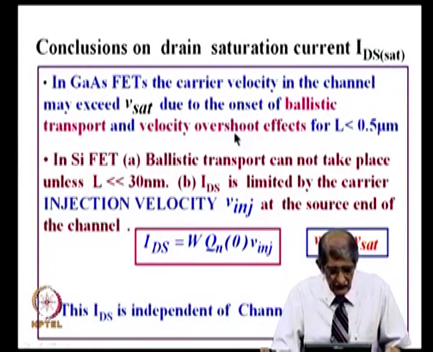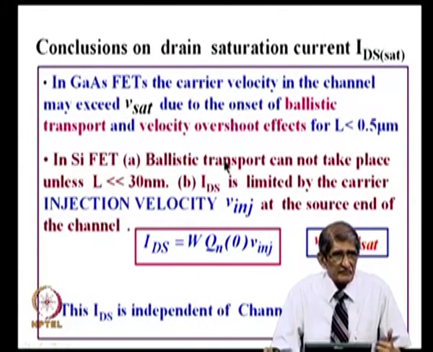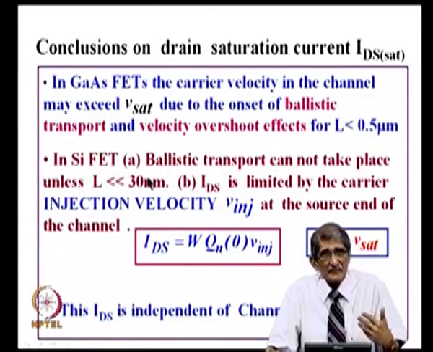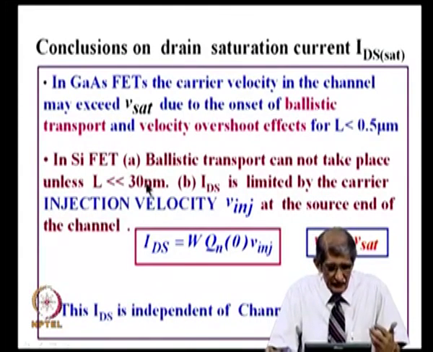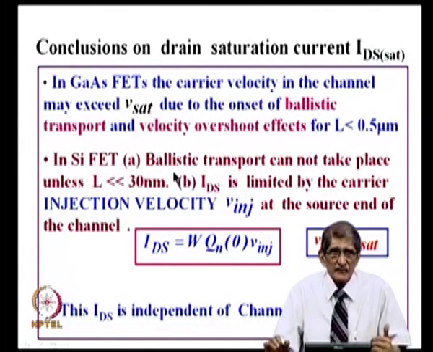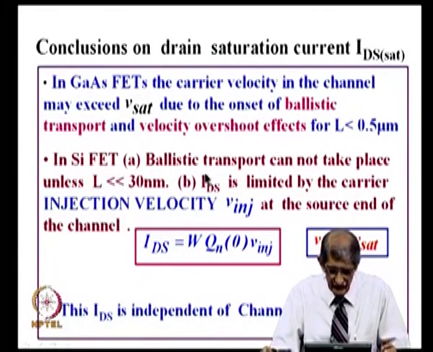In silicon FETs, ballistic transport cannot take place even when the channel length is 30 nanometers or 15 nanometers, but that is estimated by taking the velocity 10 to the power 7; it will be lower than that. So, much smaller channel lengths are required to see ballistic transport or velocity overshoot effects in silicon.